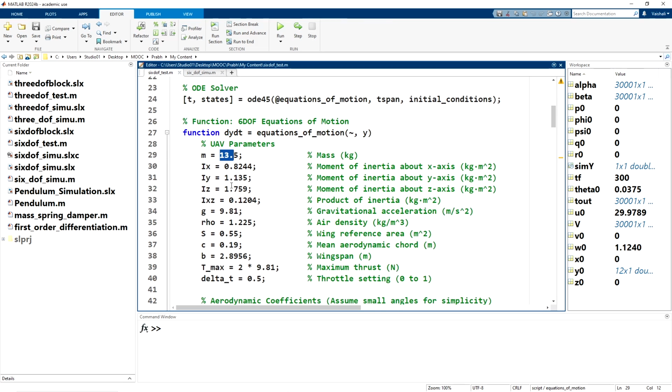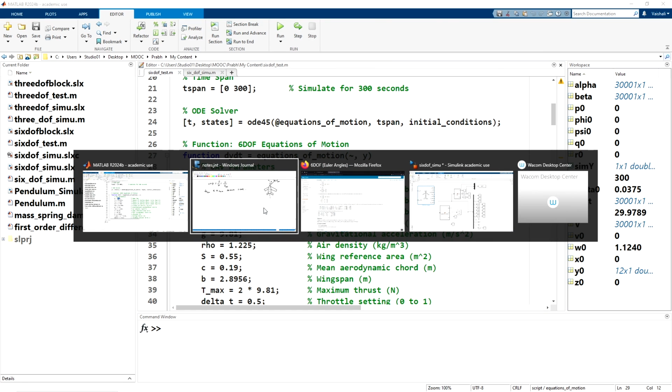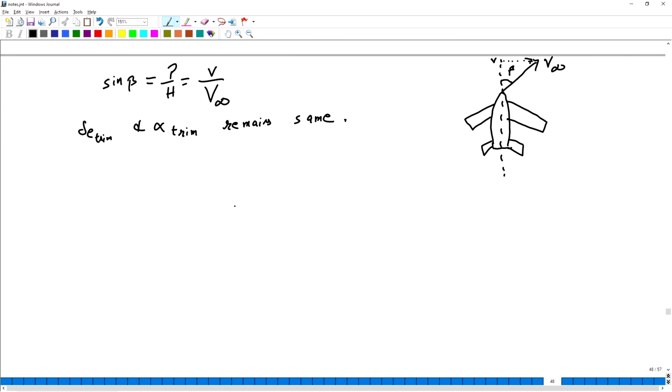So, I have not written the lateral parameters. Let me write the lateral parameters first, so that it will be easy for you to simulate by yourself.